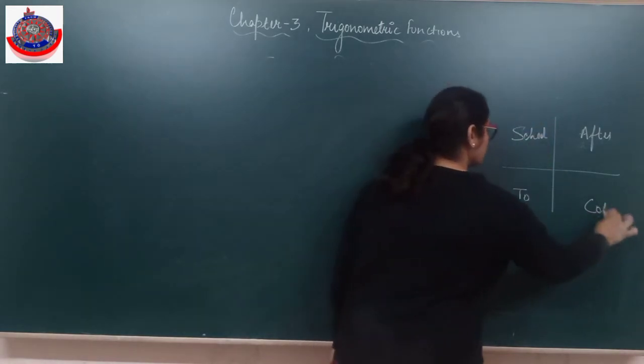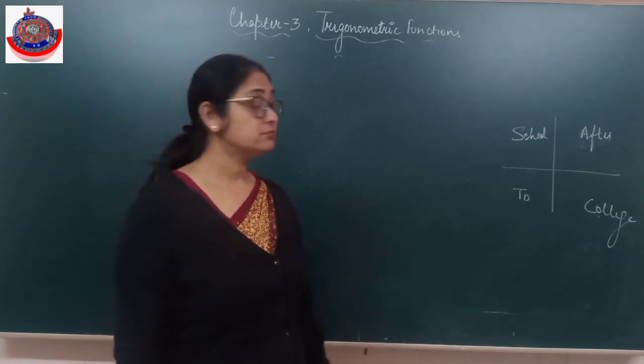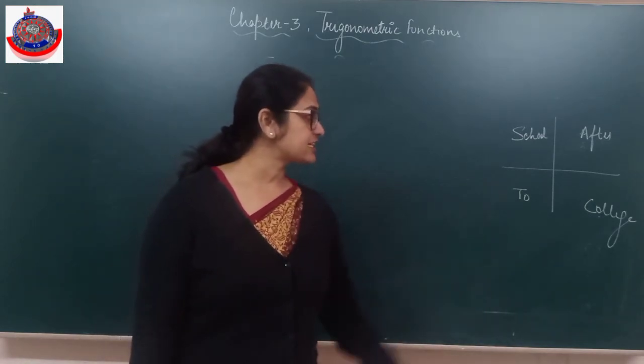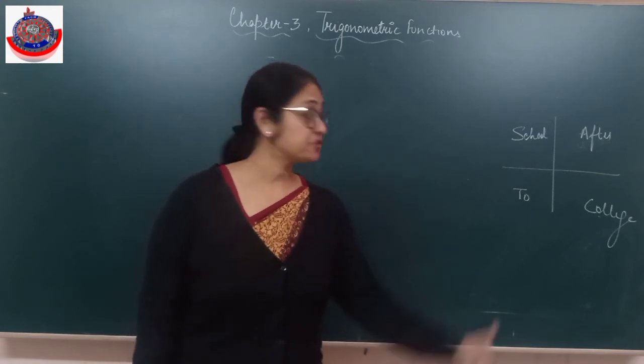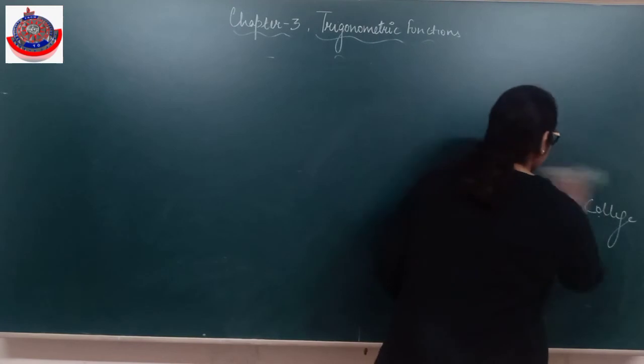Just to learn this, A stands for all positive, S stands for sine and its reciprocal cosecant positive, T stands for tan and its reciprocal positive, C stands for cos and secant positive. Alright, clear?